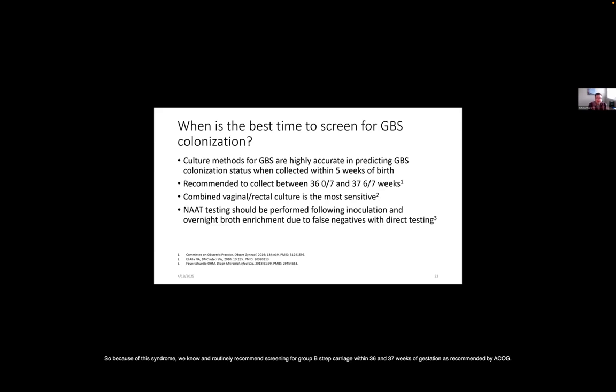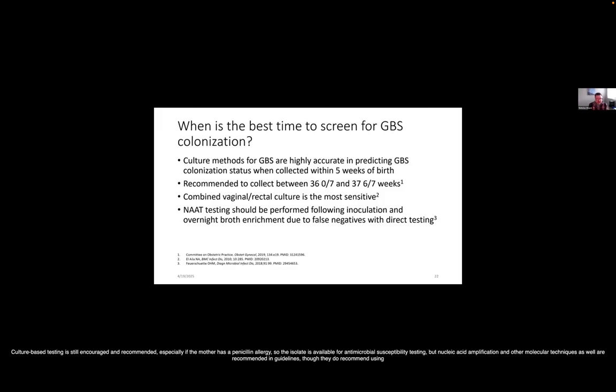So because of this syndrome, we routinely recommend screening for Group B strep carriage between 36 and 37 weeks of gestation, as recommended by ACOG. And it is recommended to do a combined vaginal rectal culture, which has been shown to be the most analytically sensitive specimen source rather than collecting just a vaginal swab alone.